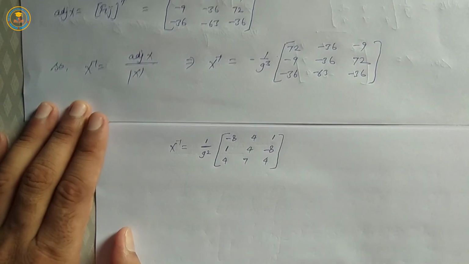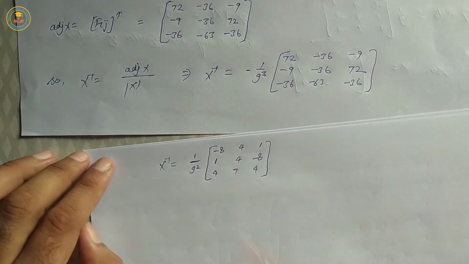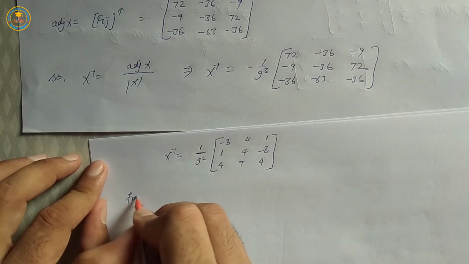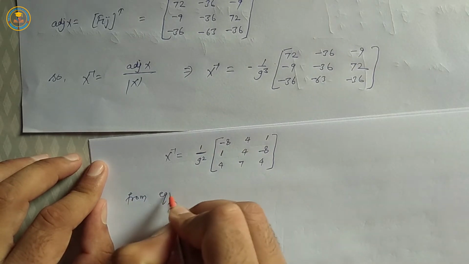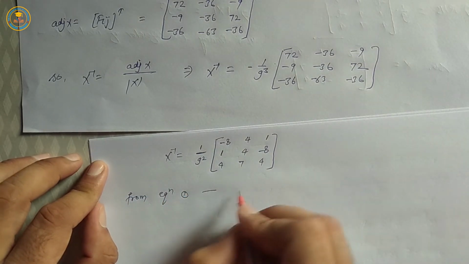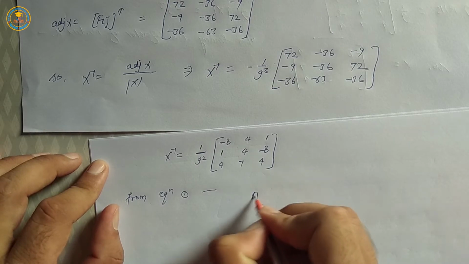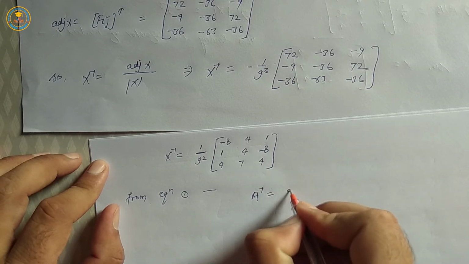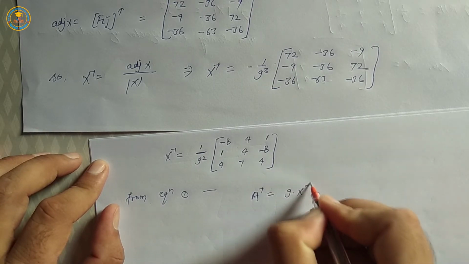X inverse. Okay, from equation first, A inverse is equal to 9 into X inverse.